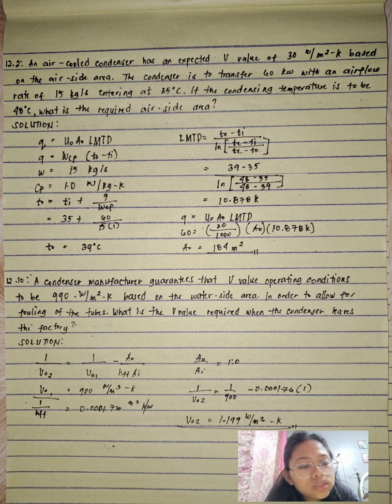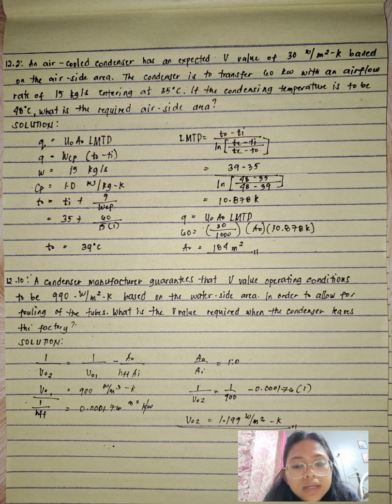U_O A_O LMTD, Q is equal to W Cp times (To minus Ti). W is equal to 15 kg per second, which is the airflow rate. Cp is equal to 1.0 kJ per kilogram-K. To is equal to Ti plus Q over W Cp. So, to simplify, 39 degrees Celsius is the To.